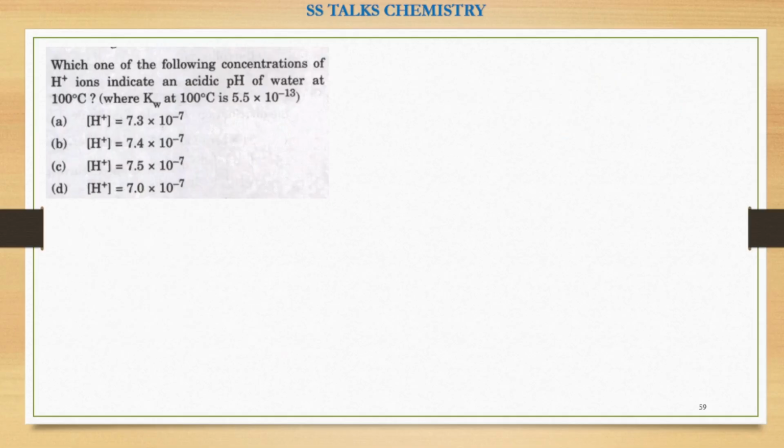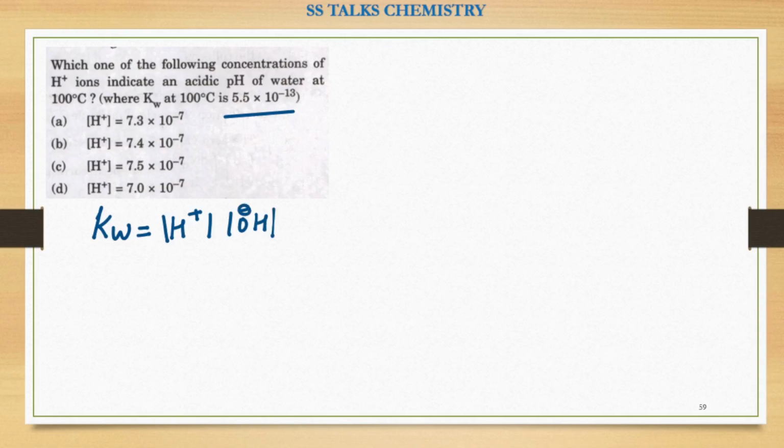Next is this one. It says which one of the following concentrations of H positive ions indicates an acidic pH of water at 100 degrees centigrade, where the Kw value is this much. We know that Kw is the product of H positive into OH negative.